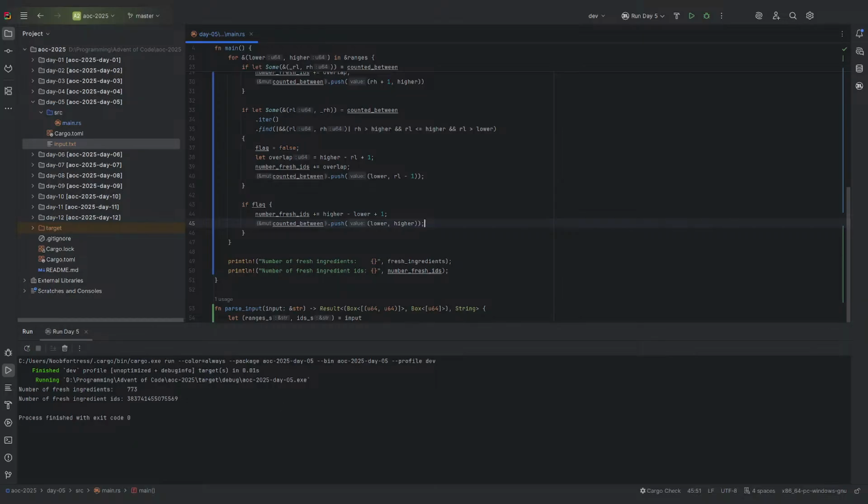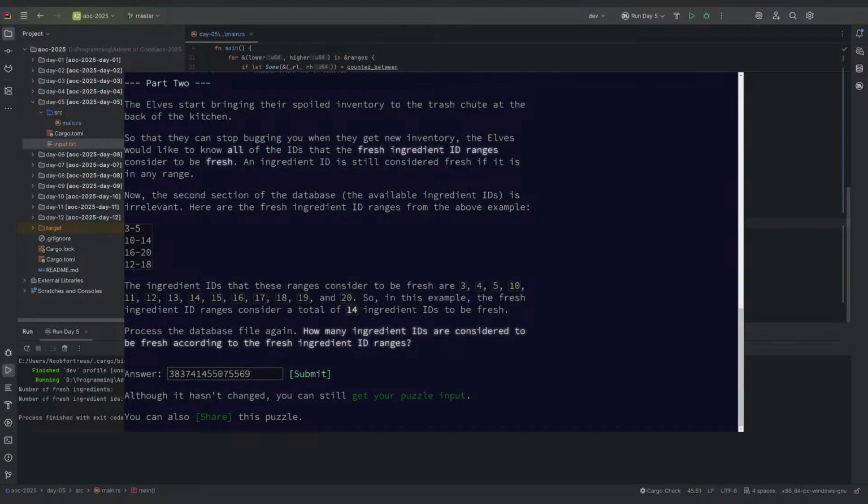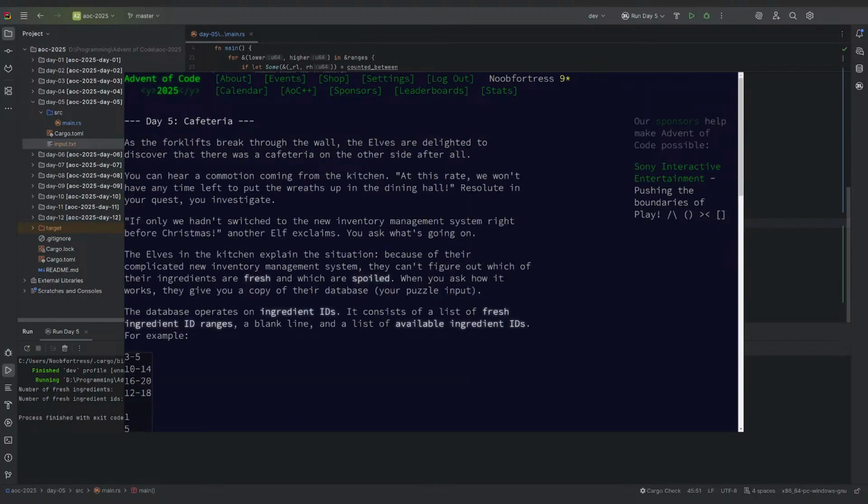Don't remember if I said my answer was too low or too high. Well, one way to find out, I guess, which is submit and probably be wrong. Go figure. Means they're still overcounting.